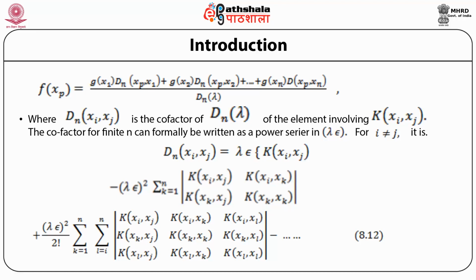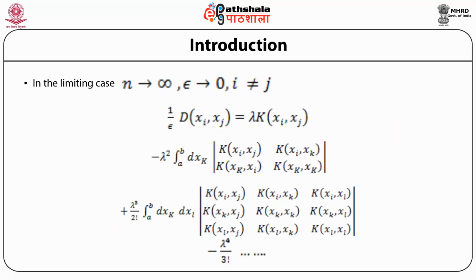The second term is minus lambda epsilon whole square, sum over k from 1 to n of the determinant of a 2 by 2 matrix whose elements are K(x_i, x_j), etc., and so on. This is equal to lambda K(x_i, x_j) minus lambda square times the integral from a to b of dx_k of a determinant of a 2 by 2 matrix, plus lambda cube by 3 factorial, so it can be expanded in terms of powers of lambda.